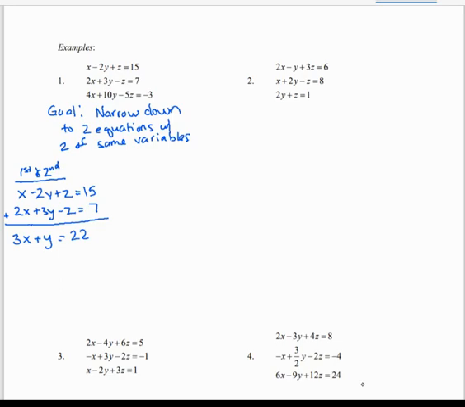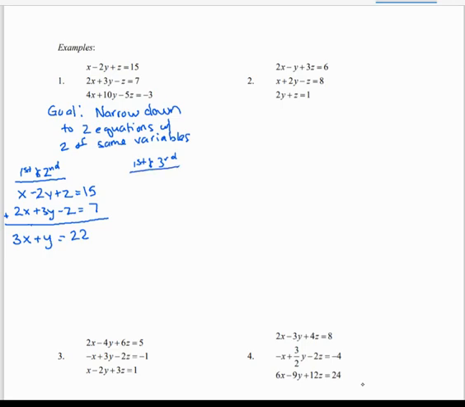So again, my goal is to narrow down to two equations with two of the same variables. I have one equation now with two variables. I want to create a second equation. Notice I got rid of z's, so in my next pairing, I also need to get rid of z's. Let's look at what may be easiest to combine. I combined first and second. This time, I think I'm going to combine first and third.